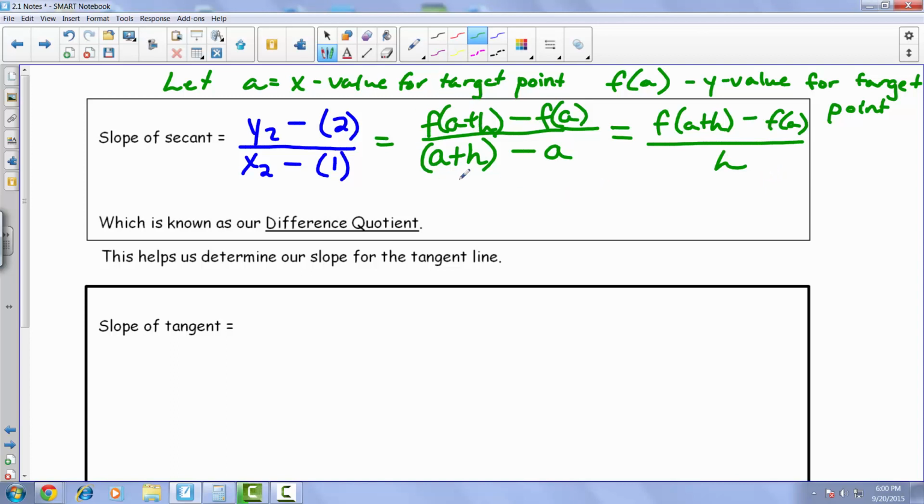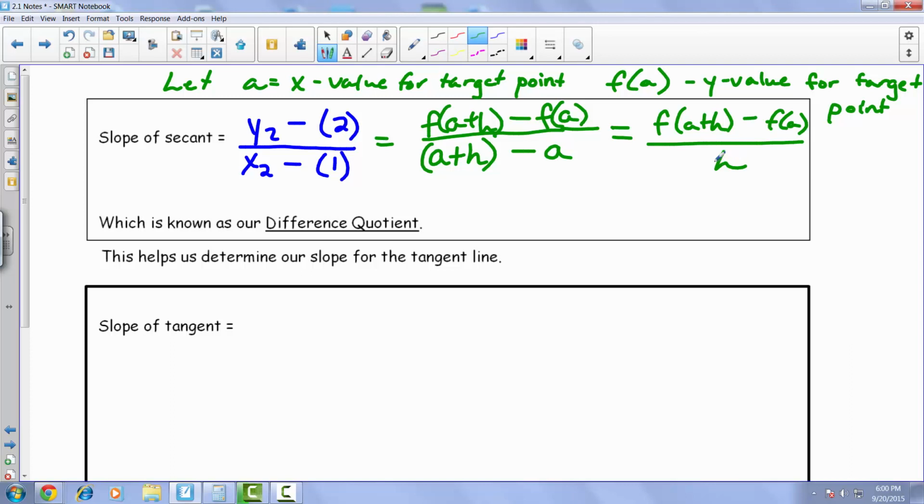So again, this is some point away from our target point based on some distance, minus our target point. When you simplify, you end up with the difference in the y values, all over the difference in the x's that's left over, h. And it's our hope that this h becomes 0, because then we see a truer tangent slope at that particular target point.